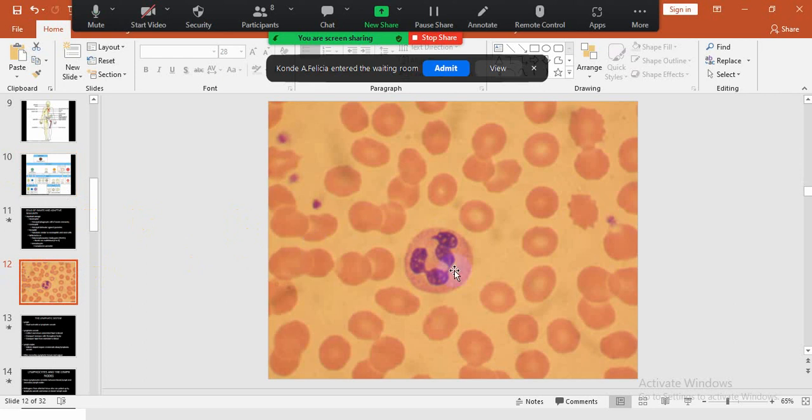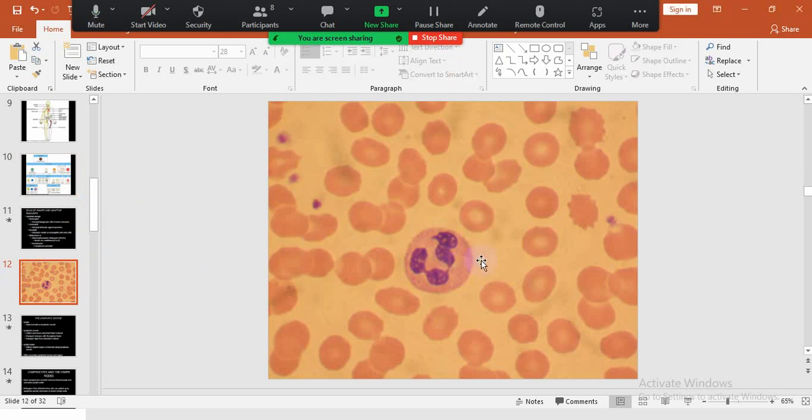Which one resembles this? Time is going, hurry up. Who can answer? Hello? It's a neutrophil.